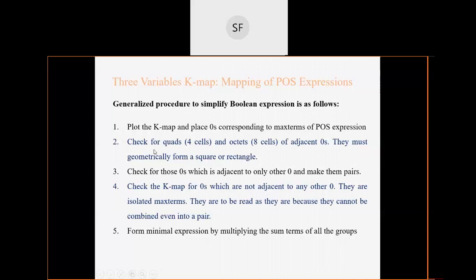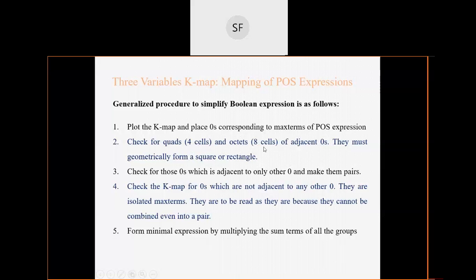Then after putting that, you first have to check whether a quad or an octet is possible. A quad is nothing but a combination of 4 adjacent cells where 0 is present, and an octet is nothing but 8 cells of adjacent zeros.